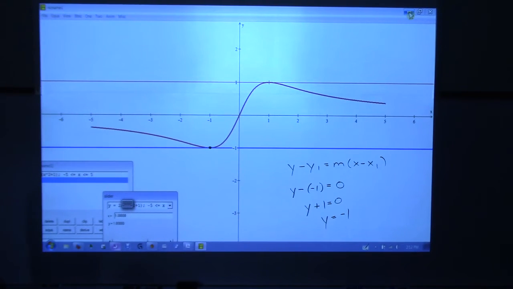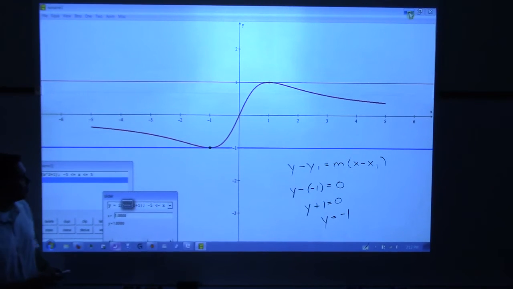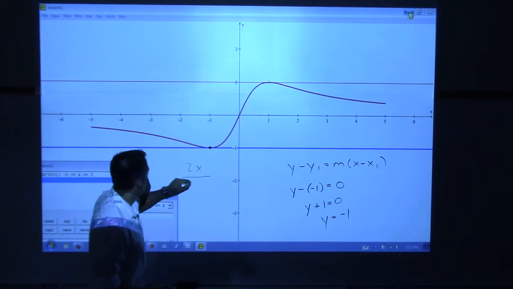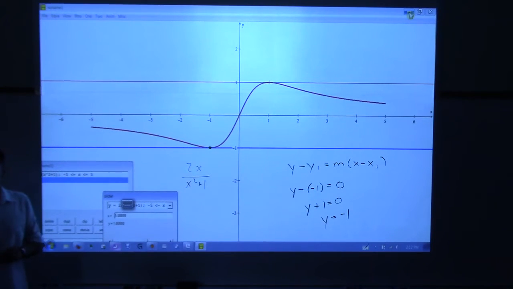The more interesting question would have been, and this is where we're headed with this, I give you this curve to begin with, 2x over x squared plus 1. And I ask you to find its highest and lowest points. Right? That would be a more interesting problem. Do you agree?